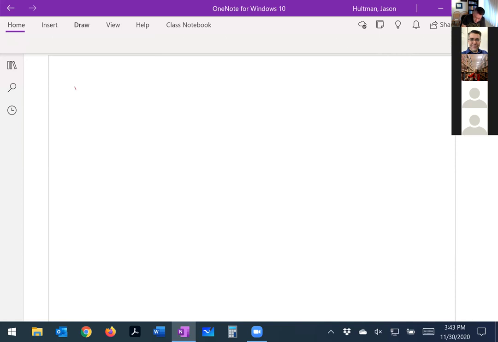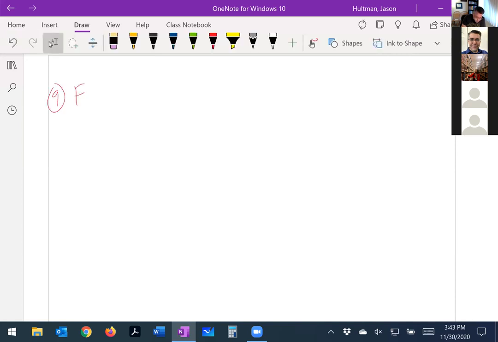Okay, so we have F equal to cos z i plus 3y sin 3z j plus 6x cubed z k. So I want to find the divergence, right?